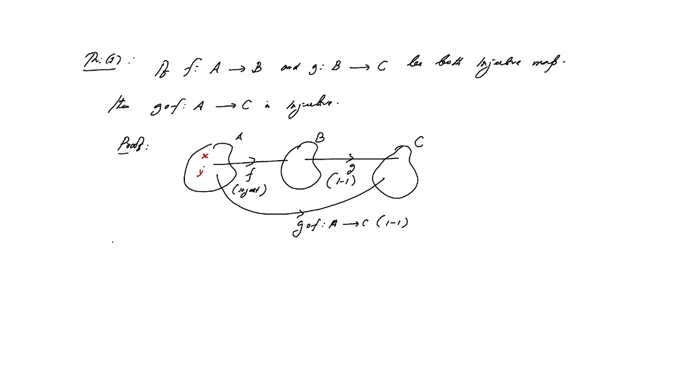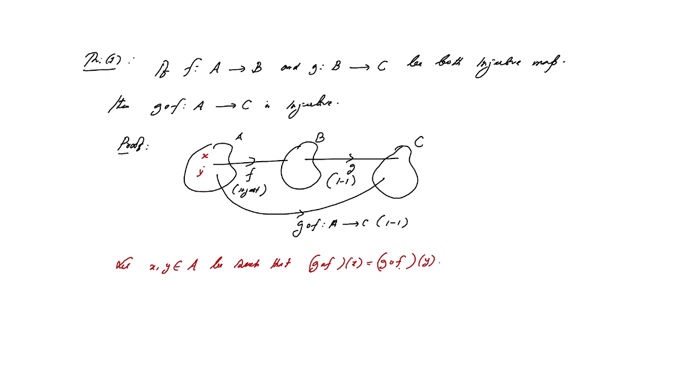So let x comma y belong to A be such that G composed F of x equals G composed F of y.